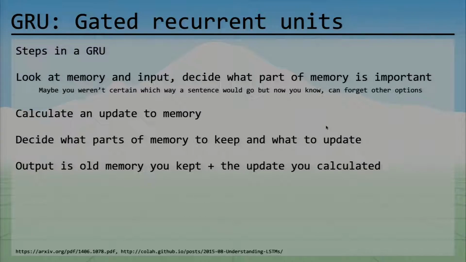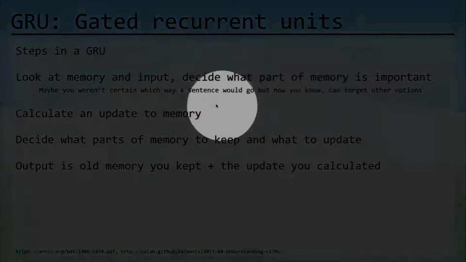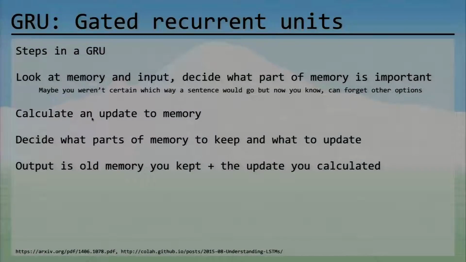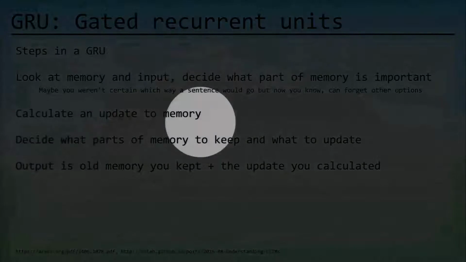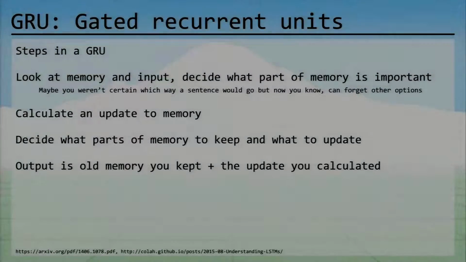So maybe we can overwrite the part of the memory that was looking at the word time as a verb instead of a noun, or as a noun instead of a verb. Once we've done that disambiguation, some of this memory becomes important, and some of this memory becomes less important. So we're going to decide which pieces of our memory are important, and using those important pieces and this new input, we're going to calculate some update to make to our memory.